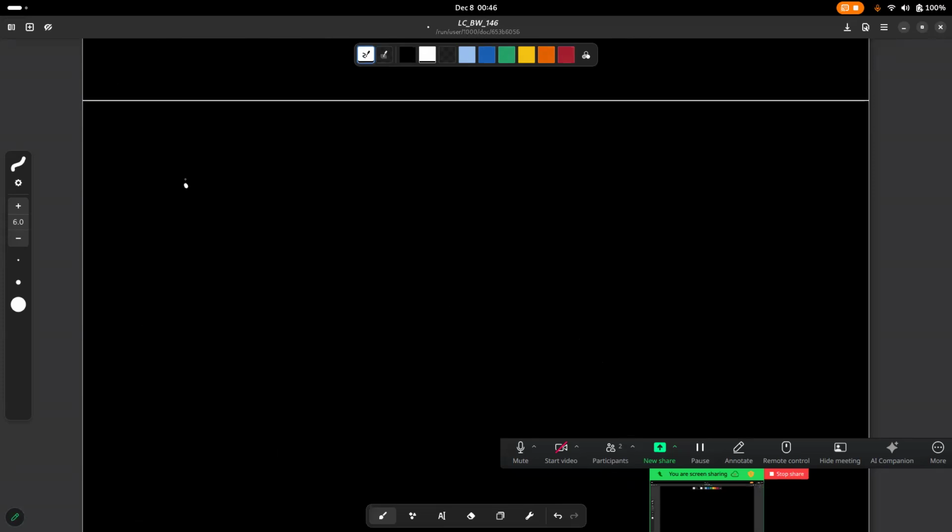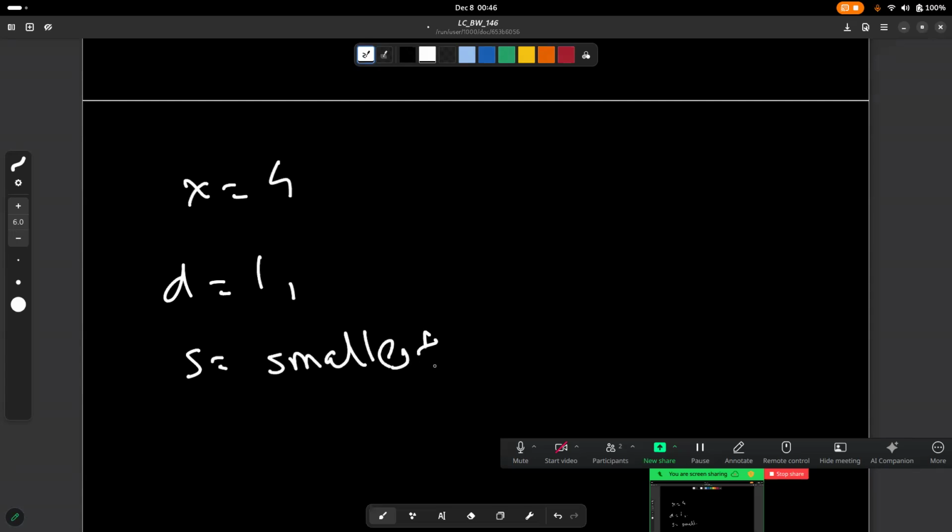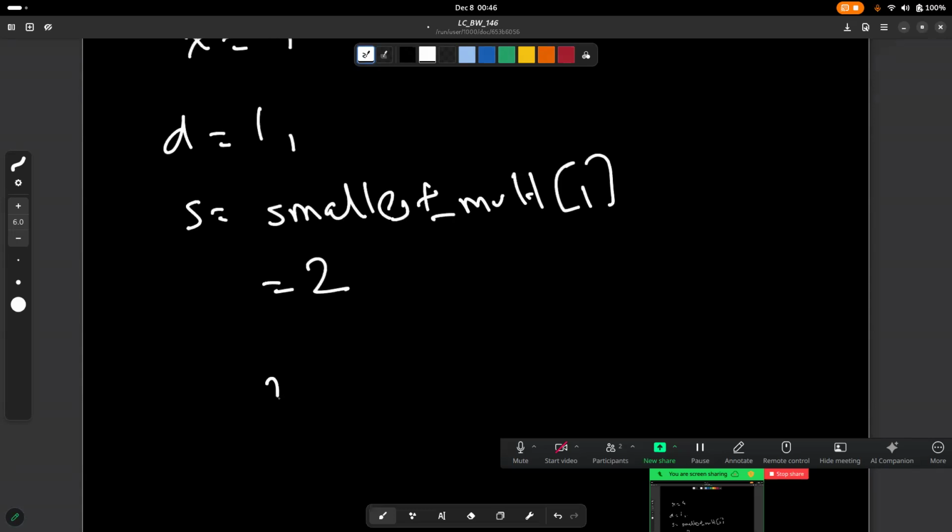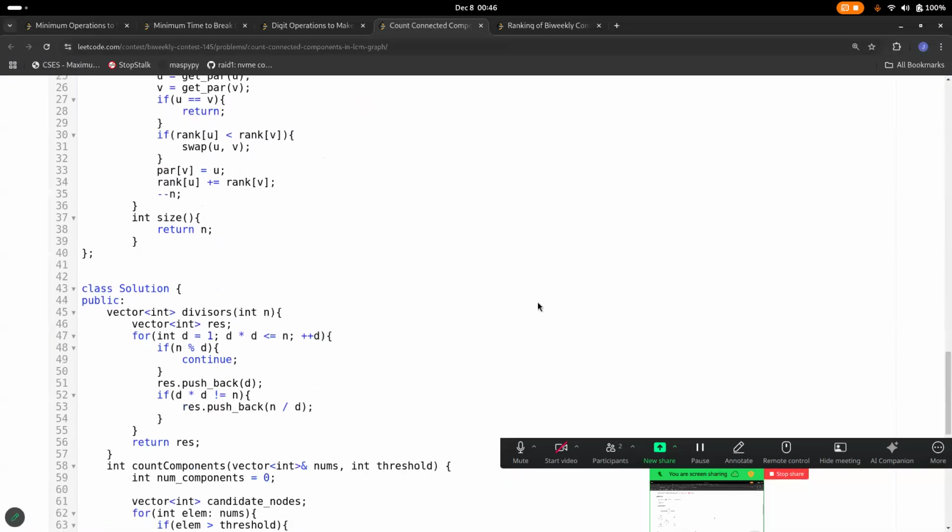Yes, sir. So what you're doing is, when you have x equal to 4, say you're iterating d equal to 1. Now you say that your s is your smallest multiple of d, that is 1, which was set to 2 over there. Then you try to connect 2 to 4. Okay. Yes.